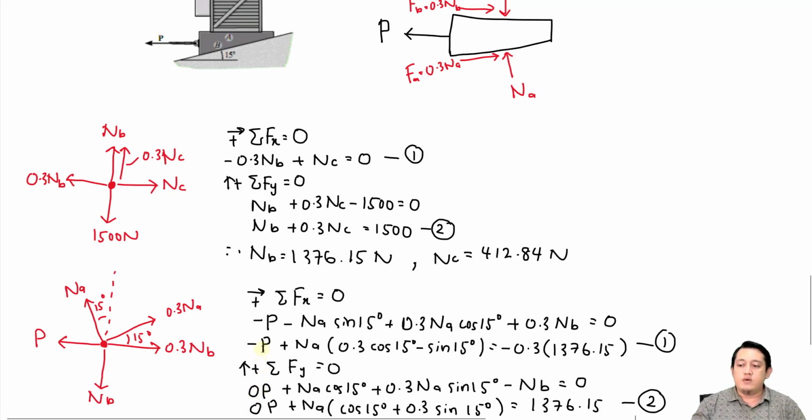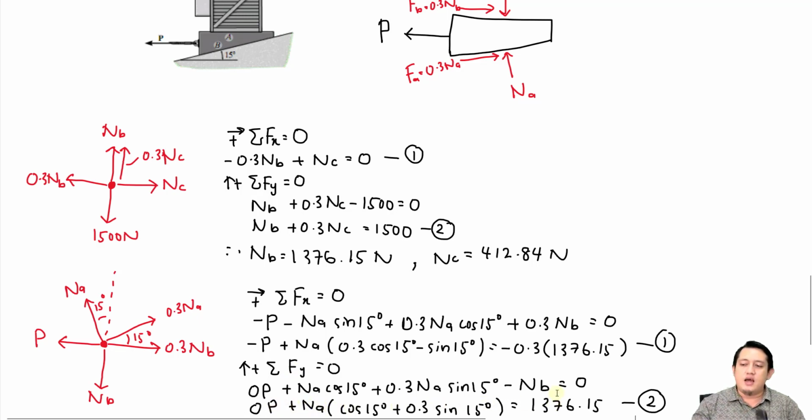Why do I do this? Because I want to arrange P with P, NA with NA, and the known value with the known value. When we insert the values into the calculator, we can easily select 0 as the value of P. Actually, you can solve for NA without P, no problem.